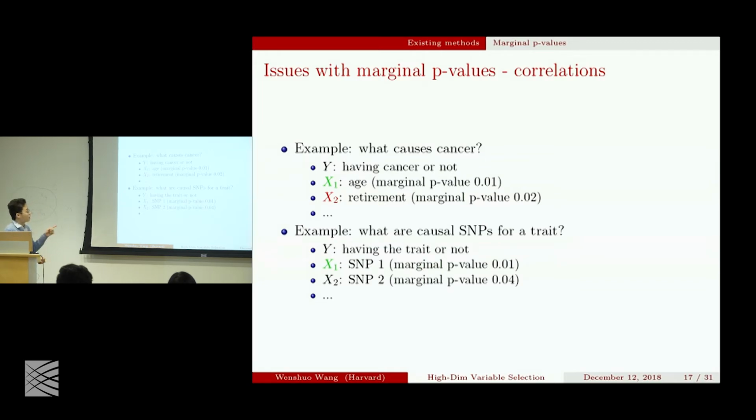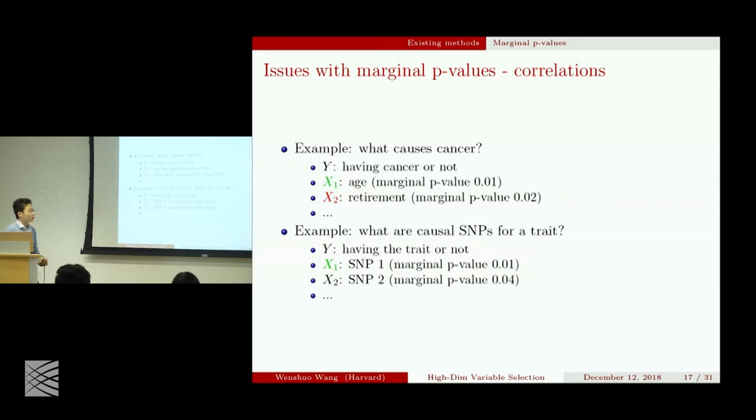So we're going to conclude age and retirement are both influential. However, if we look closely, we might think that age is actually a really important factor for cancer. Retirement, however, does not directly give you cancer, and it's significant marginally because it's highly correlated with age.